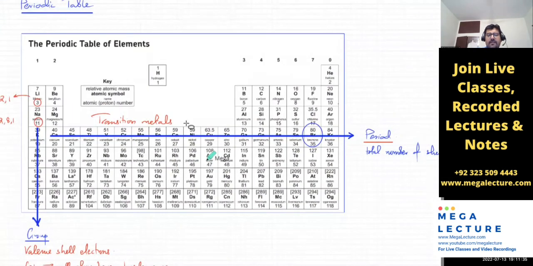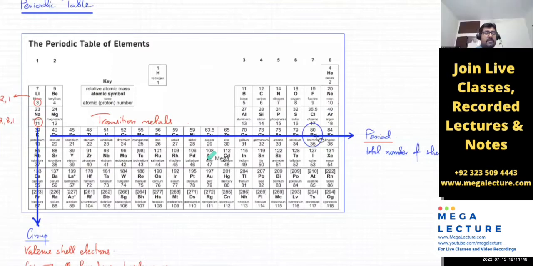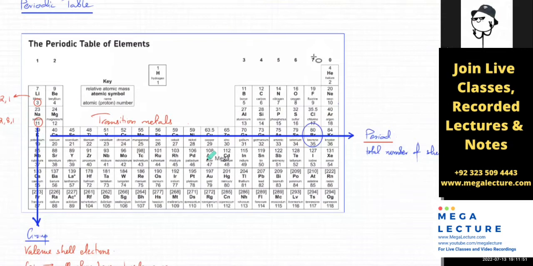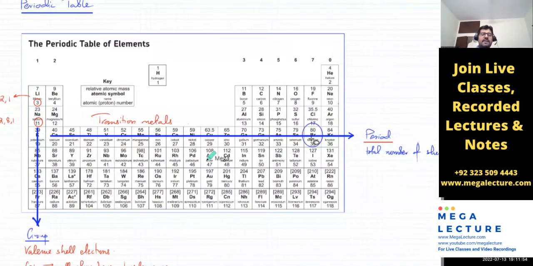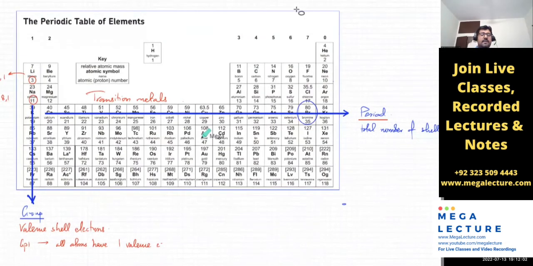So what information do I have without writing it directly? How many valence shell electrons does it have? 7. It's got 7 electrons in its outer shell, right? And how many total shells does it have? 4. It's got 4 of them. So 7 is the group number. That's the number of electrons it has in its outer shell, and it's in period number 4. That's the 4th one. So that means it's got 4 total shells.